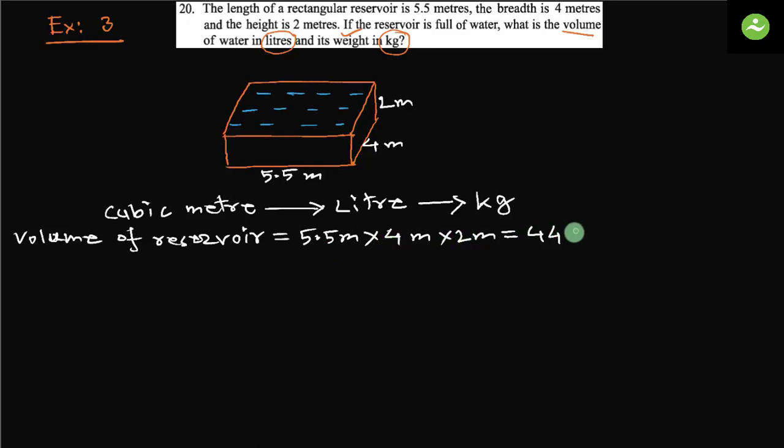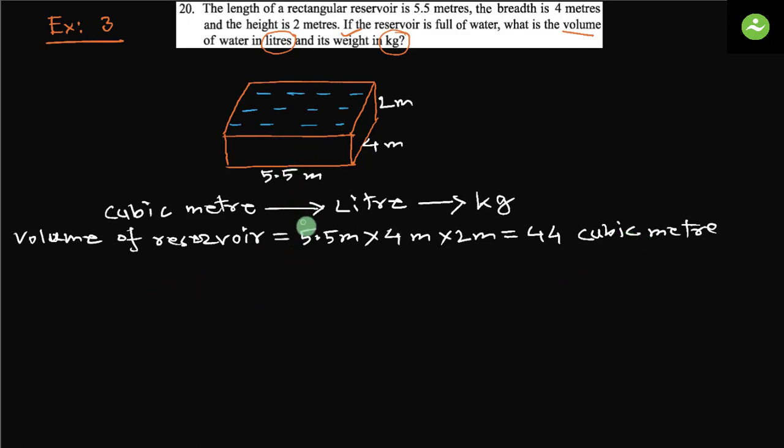So 44, meter into meter into meter is cubic meter. So volume of reservoir is 44 cubic meter.